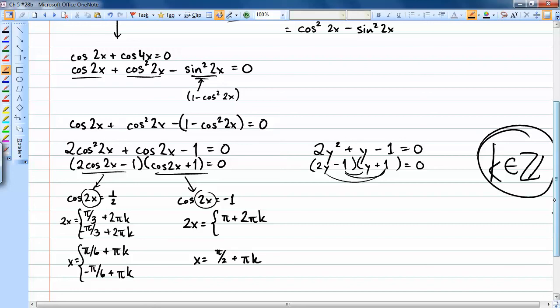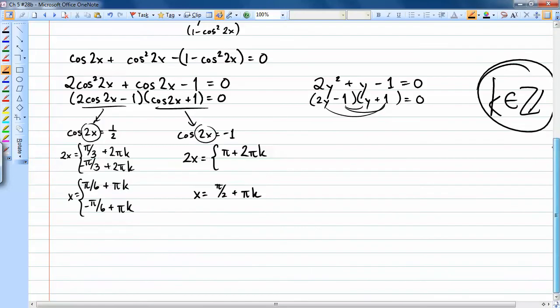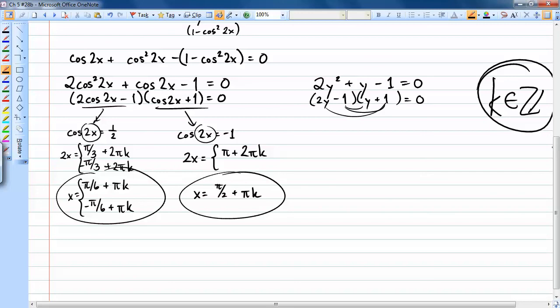Okay, now we need all the answers that are in this range here, 0 to 2 pi. So you just start plugging in different values of k until you get everything you can possibly get between 0 and 2 pi. So if I plug in, let's say, -1 for k, that's going to make this one negative, and this one negative.